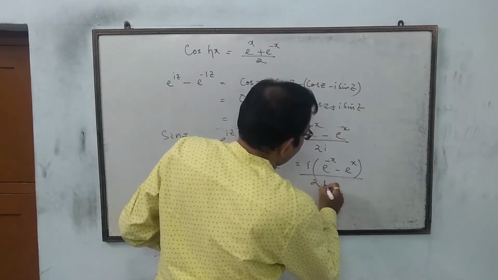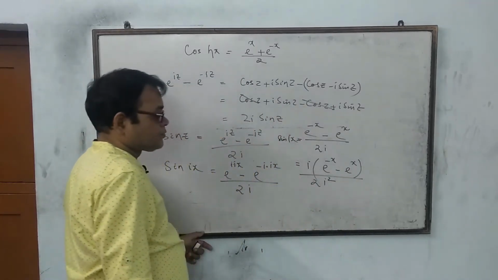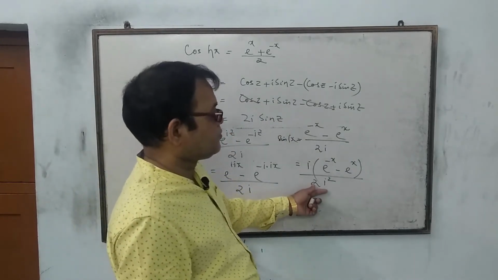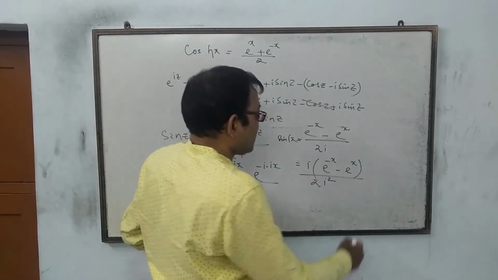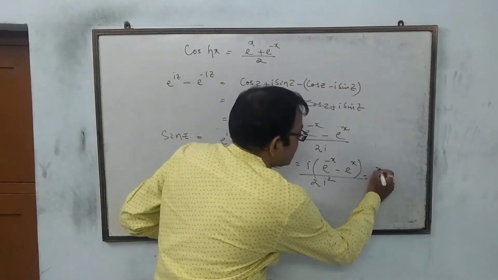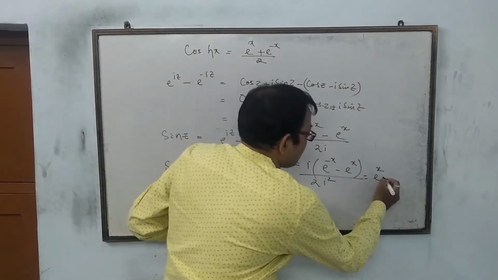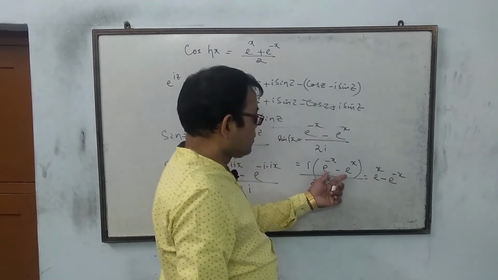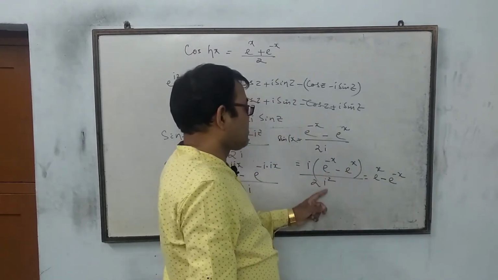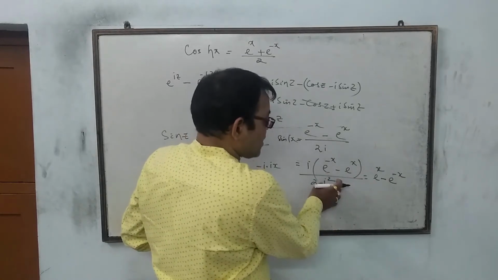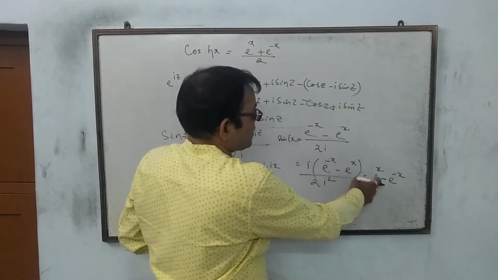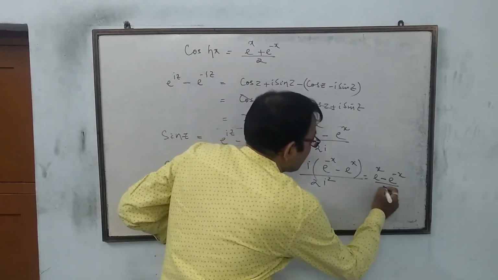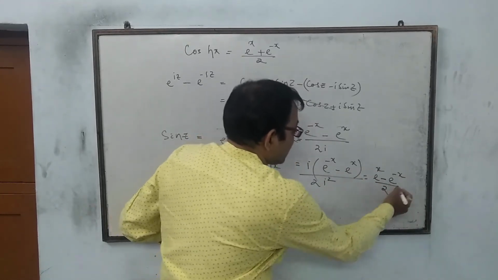2i into i, that is 2i square. So 2i square means i square is minus 1. The e to the power minus x minus e to the power of x now becomes e to the power of x minus e to the power of minus x, since dividing by 2i square, which is minus 1, alters the sign.